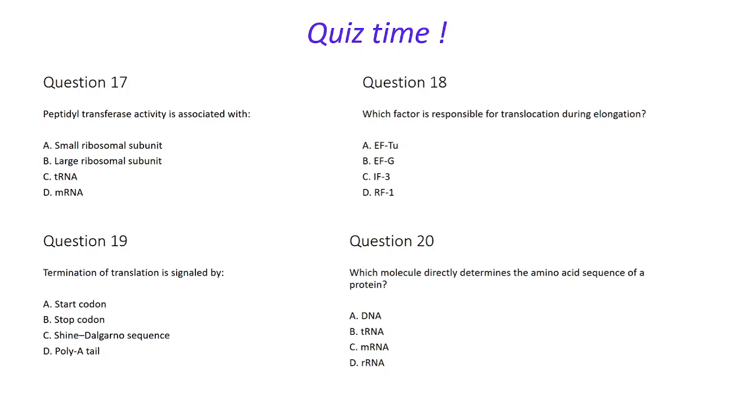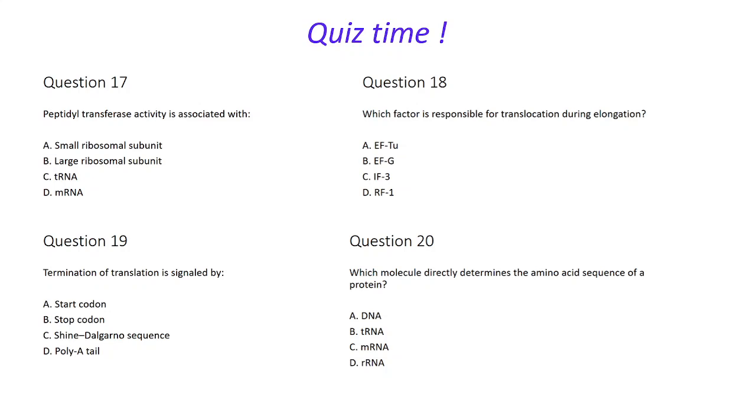It's not DNA, because DNA is the basic unit of the genetic information. It acts as a blueprint rather than a direct template for the ribosome. So it must be converted into mRNA before the protein can be made. tRNA, definitely not, because it acts as an adapter. It carries specific amino acids to the ribosome, does not determine the sequence. It just matches its anticodon to the instructions already present in the mRNA.